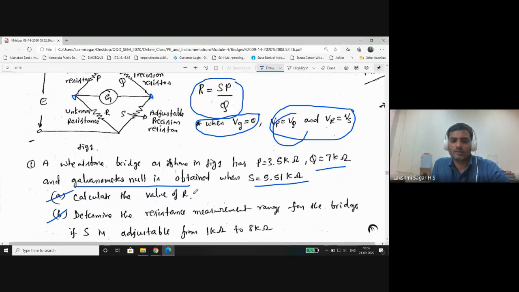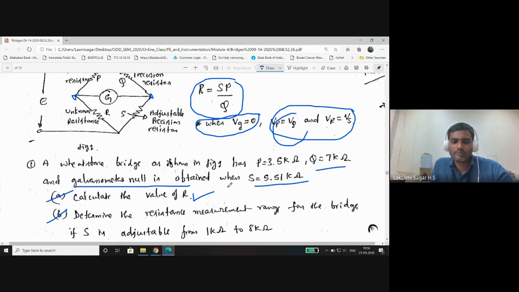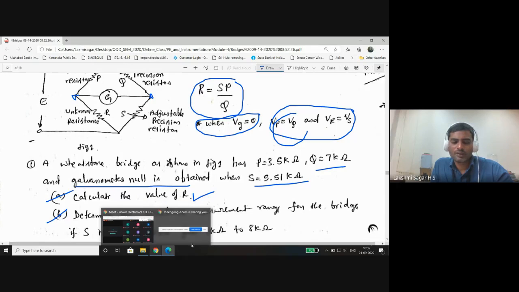What did you get as the answer for this first question? Calculate the value of R. Can you able to see this window? Yes or not?